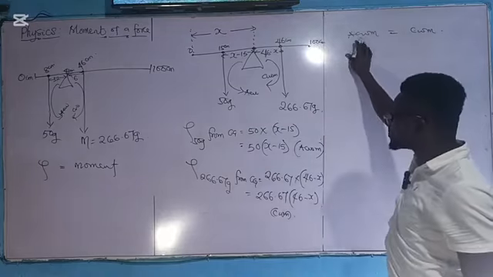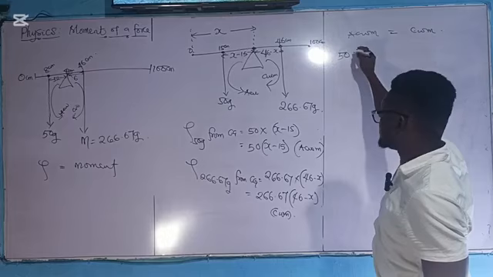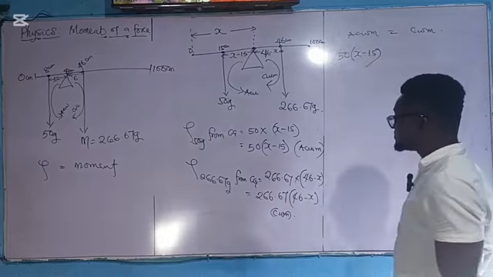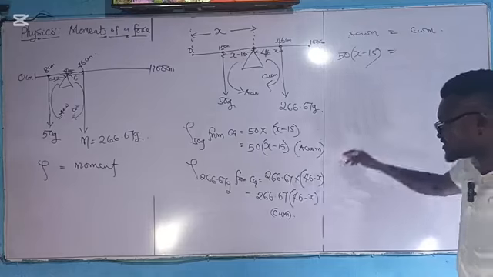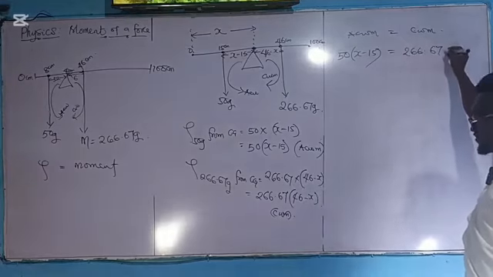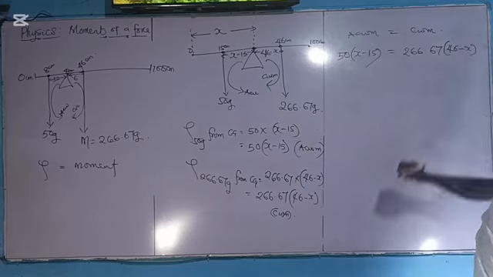Now, we have the anti-clockwise moment here, which is 50(x minus 15), equal to the clockwise moment, which is 266.67(46 minus x).